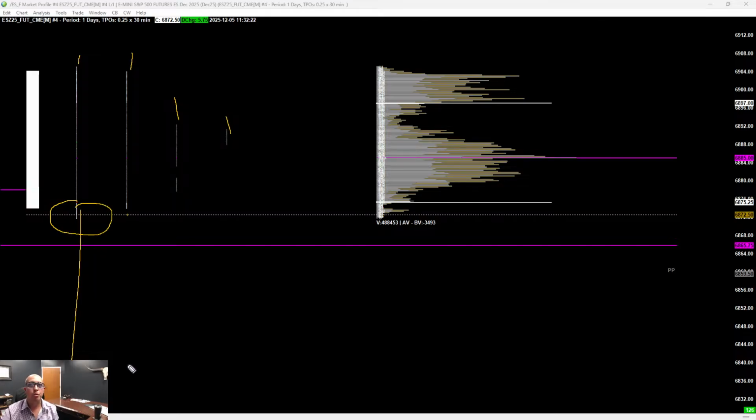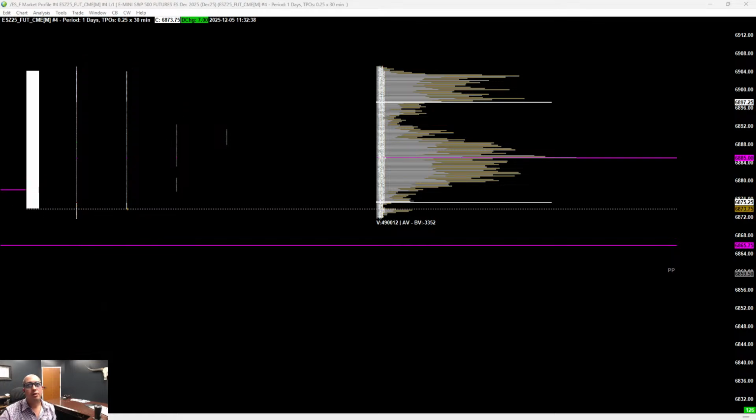It's 11:32. We just moved over into E period. The volume still is positive. Let's go back to that chart. How is this developing?